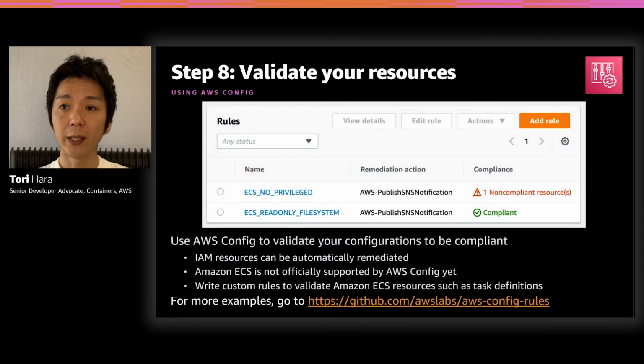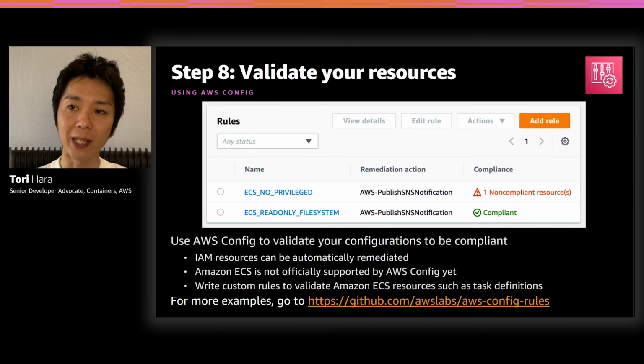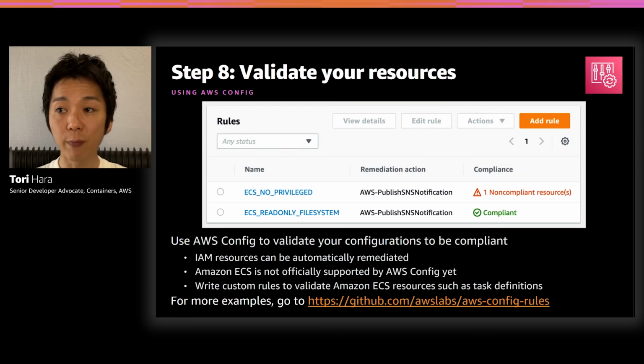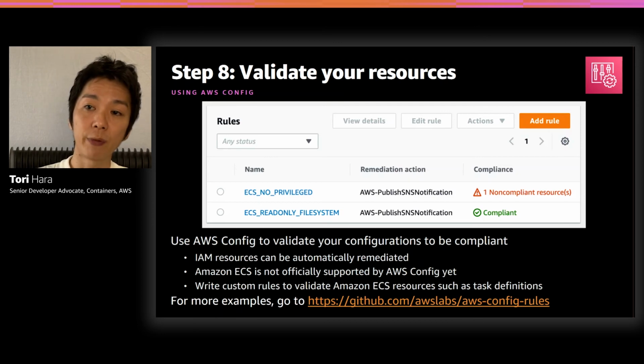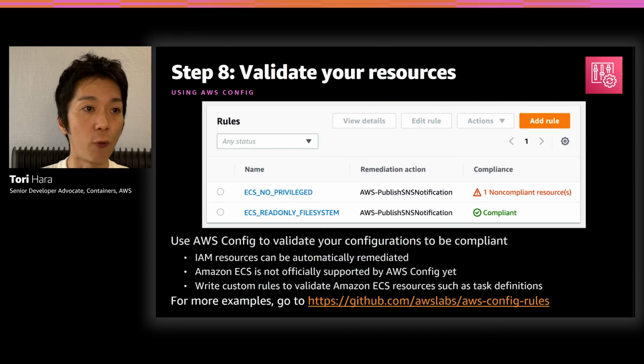And here is the last topic to make operations in your organization secure. So up to this point, you made a number of changes to improve your team and system security posture. But I believe you may also need to validate continuously to keep your configurations compliant with the security level required in your organization. So I would also like to briefly introduce to you AWS Config.